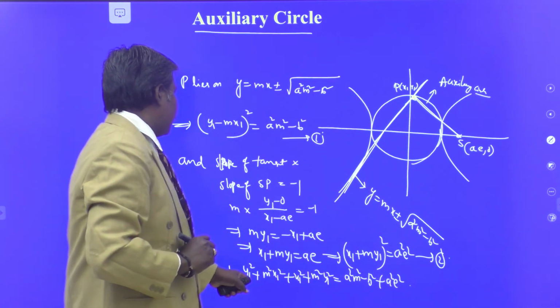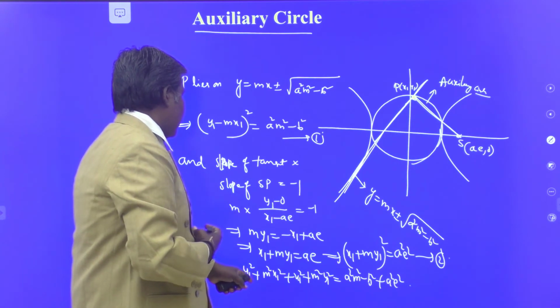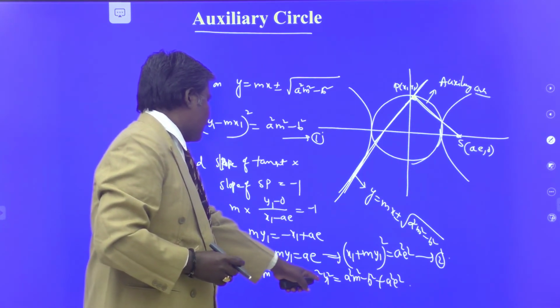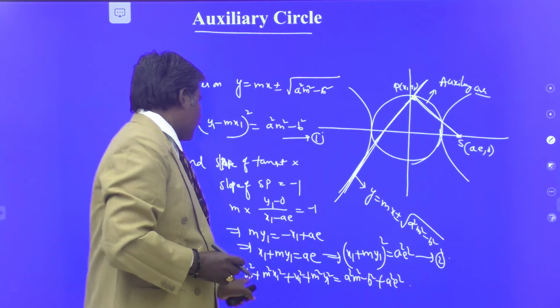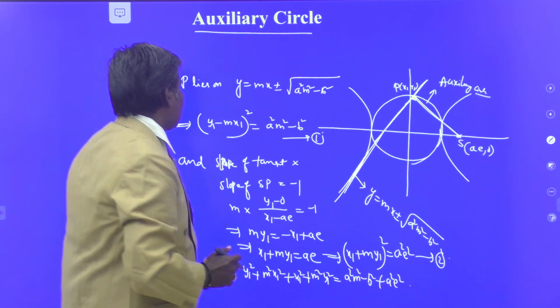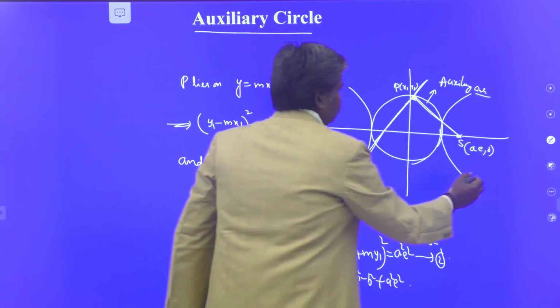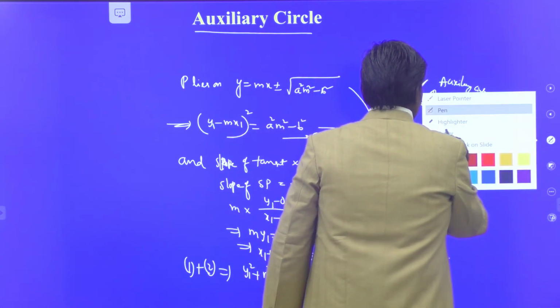Okay. Now you can take y1 square common, and from the other terms x1 square common.